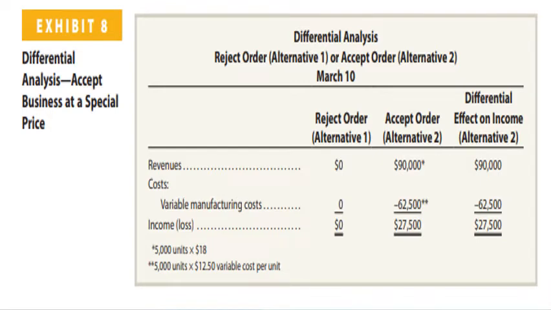So given the data earlier, here in Exhibit 8 is a differential analysis of whether the company will reject the order or accept it. So in column 1, or alternative 1, the first option is whether they will reject the order, and the second option is to accept the order under column 2, and in column 3 we have the differential effect on income.